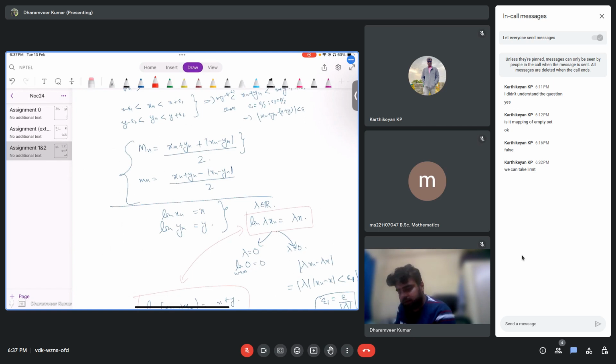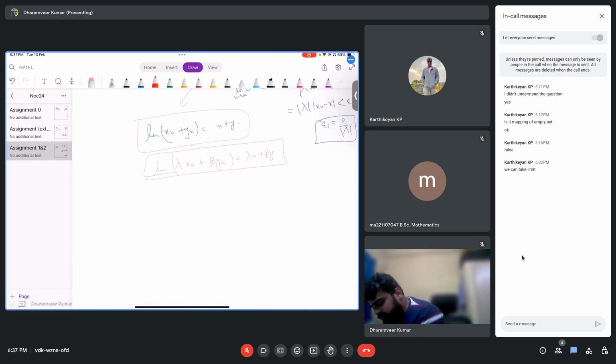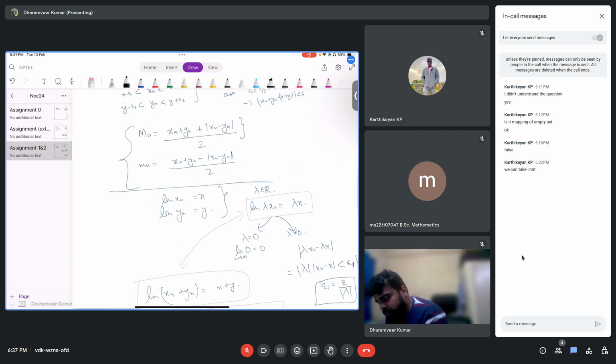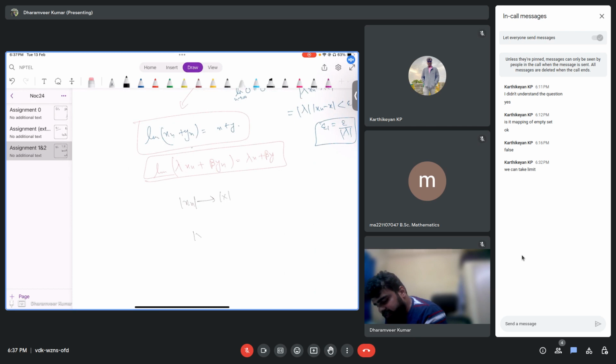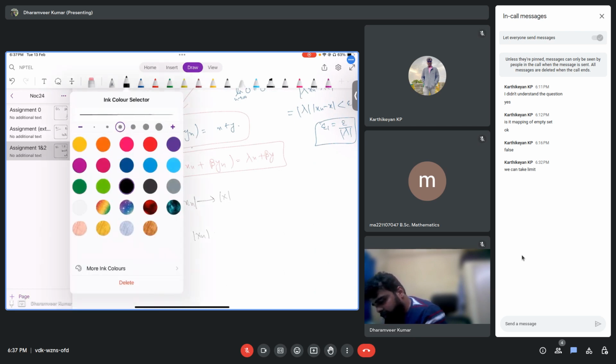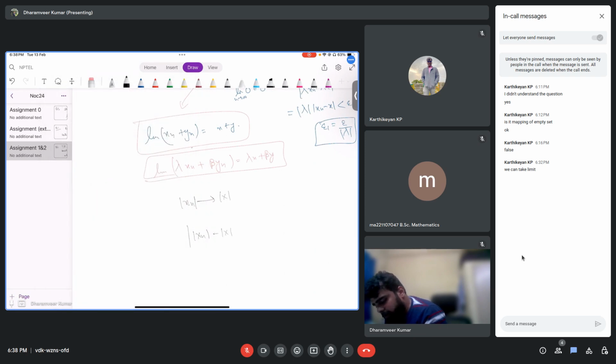So now what is remaining? This mod thing. Mod is very simple. What I want to show is mod xn converges to mod x, right? So what we can write is mod xn minus mod x, the mod of this, and somehow we have to show it is bounded by mod xn minus x.